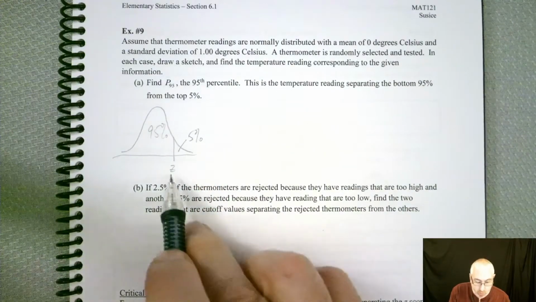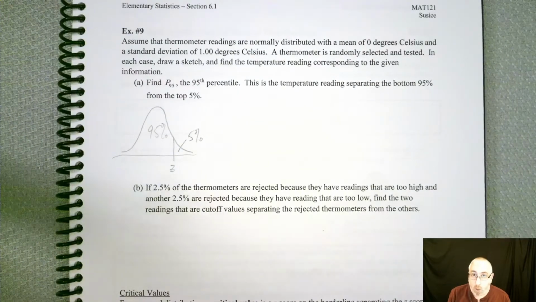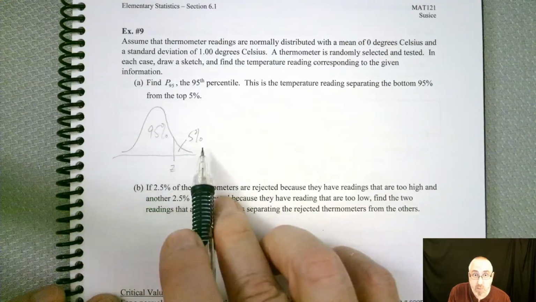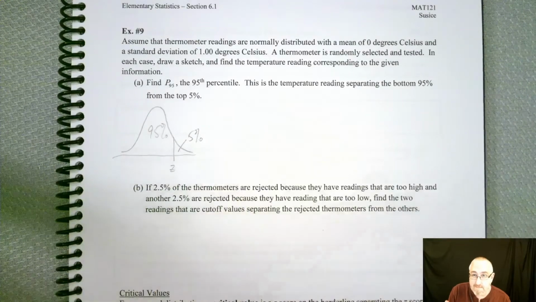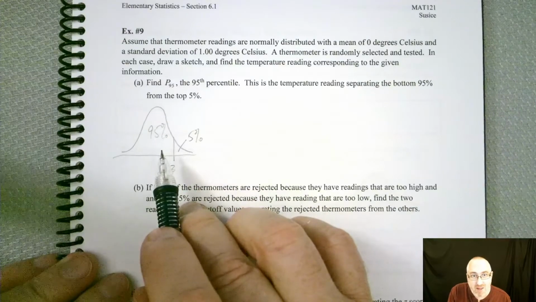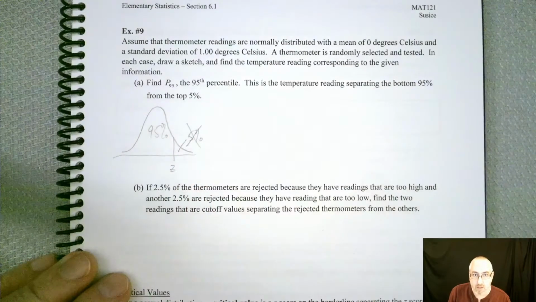They want to know what that temperature is that makes that happen. So, what should we do? Do we need to use this 95% or can we use the 5%? Well, remember, your table only works on the left side, so we need to use this 95%. This is garbage for us.